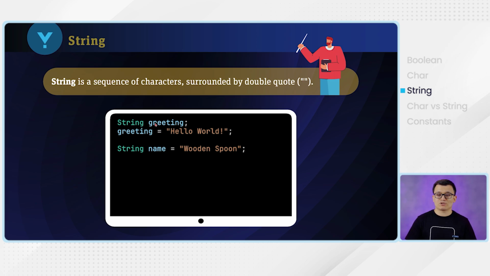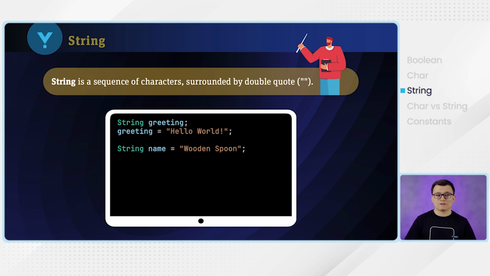So for example, if I have a variable like this that I need to declare, greeting, and in order to store hello world into this greeting, I will use double quote to start my string of text. Within the double quote, I will give all the characters that I want to include for the string of text.